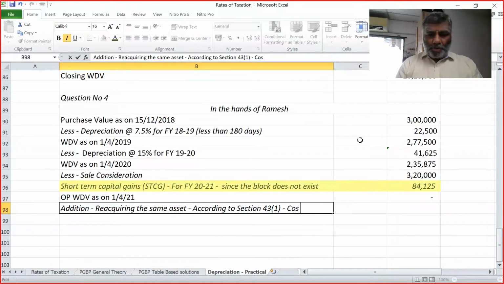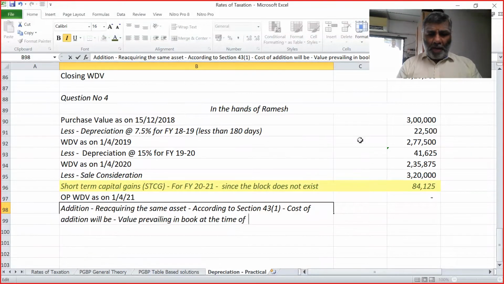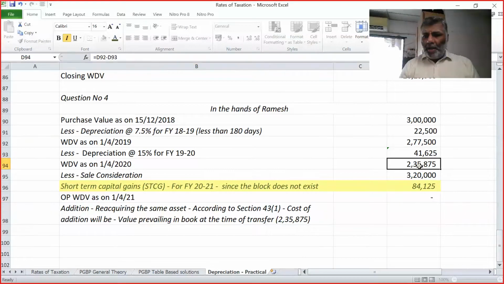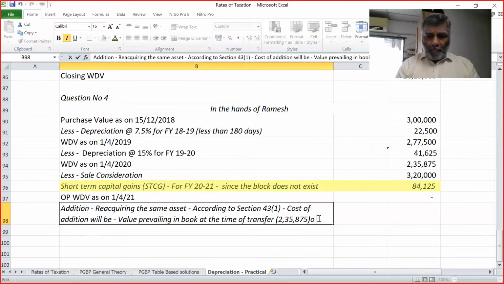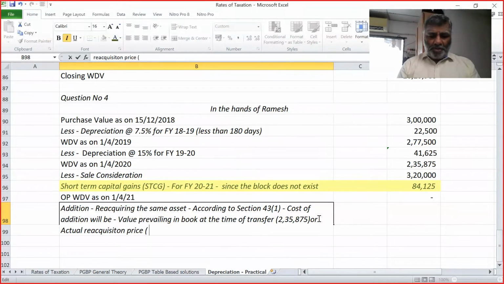cost of addition will be the value prevailing in the book at the time of transfer, which is 2,35,875, the value prevailing on 1/4, or the actual reacquisition price, which is 3,10,000, whichever is less.